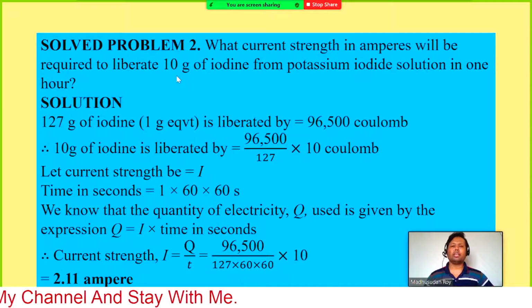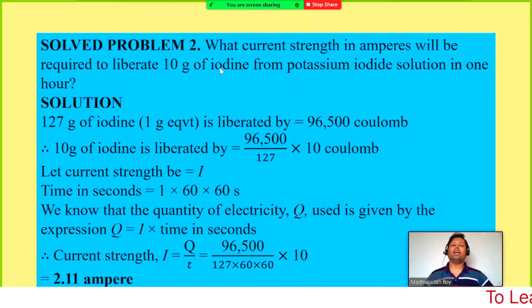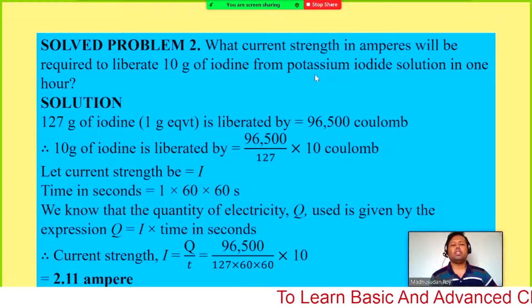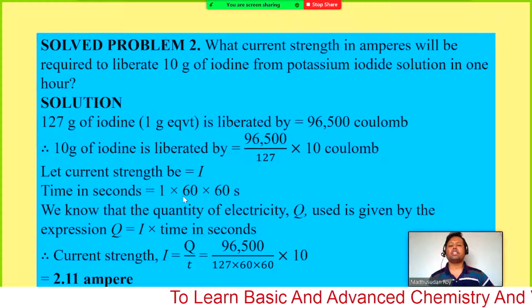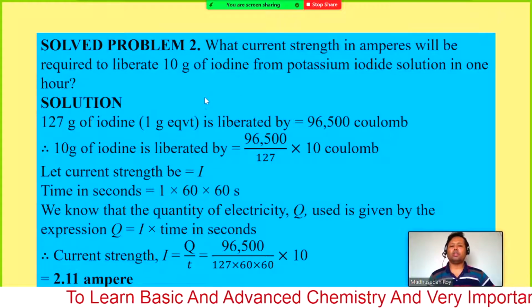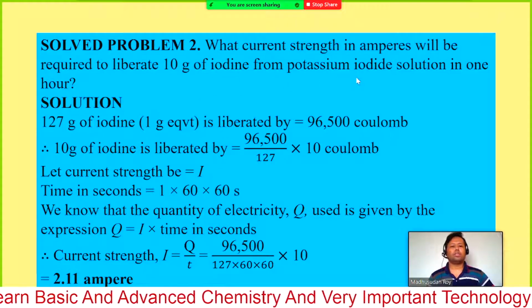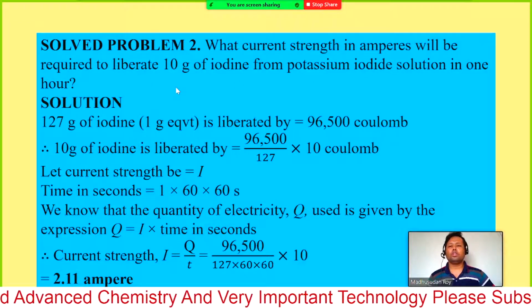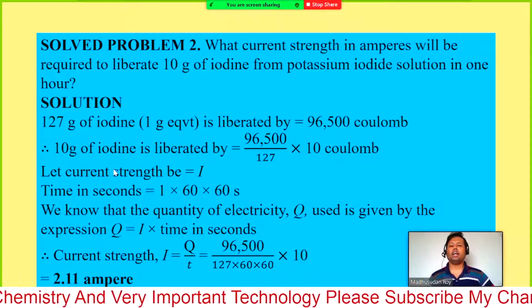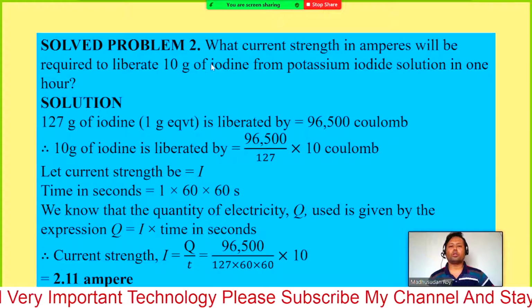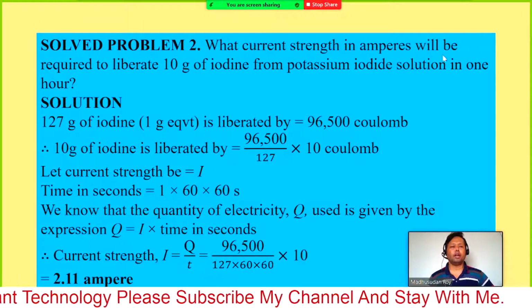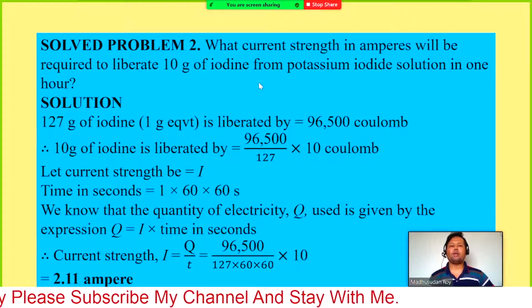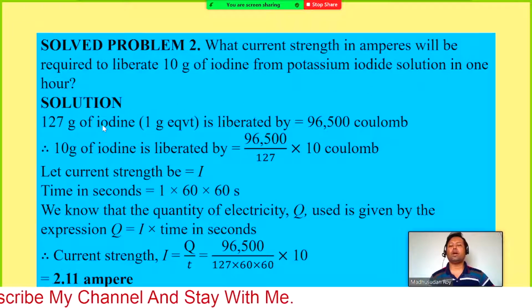Here the amount is 10 gram, so M equals 10, and for 1 hour, time t equals 60 into 60 seconds, that means 3600 seconds. One thing, you need to find the chemical equivalent also.